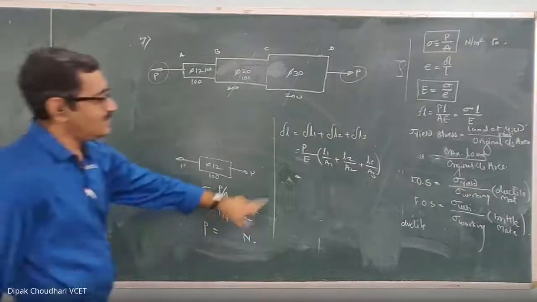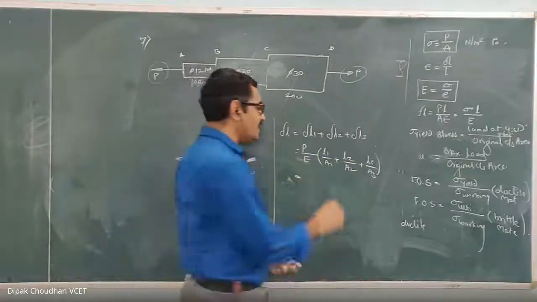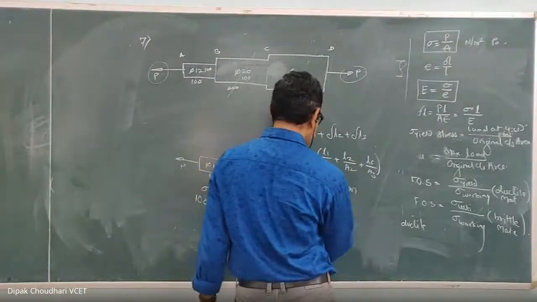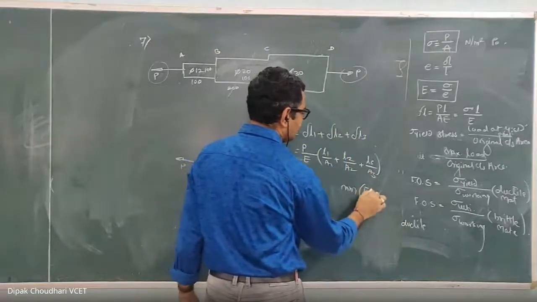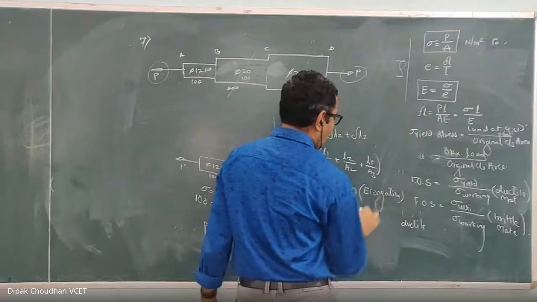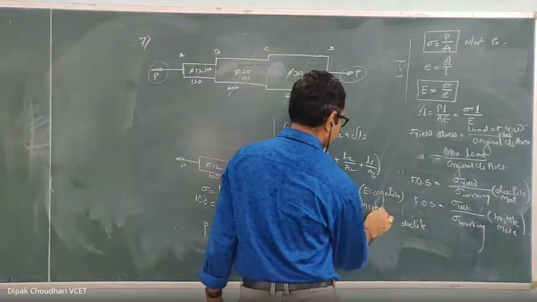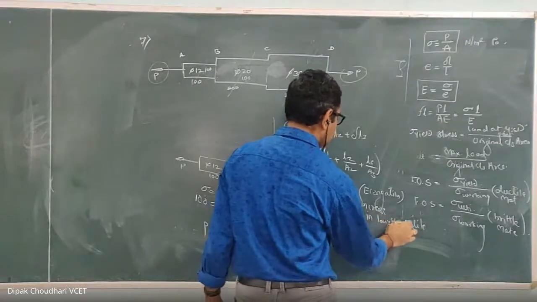First calculate P, and use this P here. Everything is given, substitute the values, and you will get the delta L, which is in millimeter. This value is positive because the tensile axial force is there, which means it is an elongation. Either write elongation or write increase in length. Because of this axial force, this much is the increase in length.